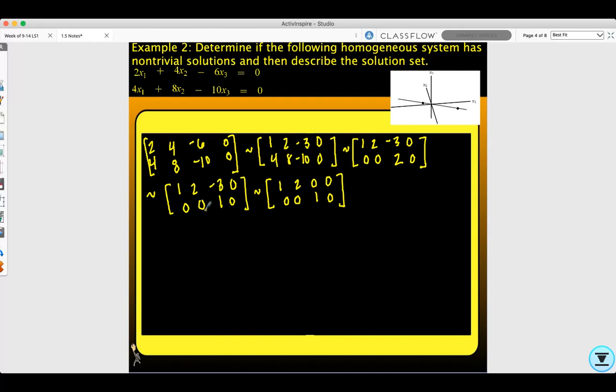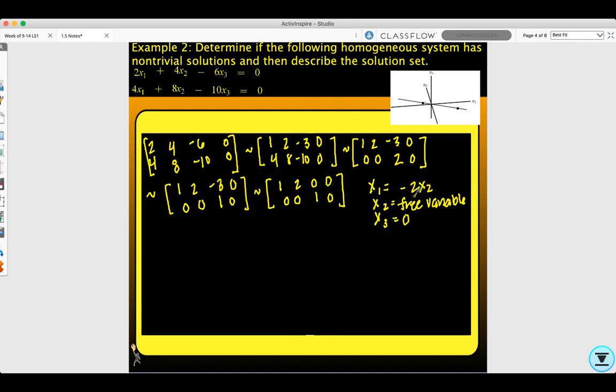So with this, I would have x1 equals -2x2, x2 is a free variable, x3 equals 0. And since x2 is a free variable, non-trivial solutions exist.